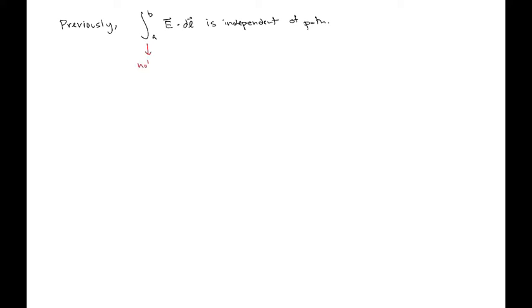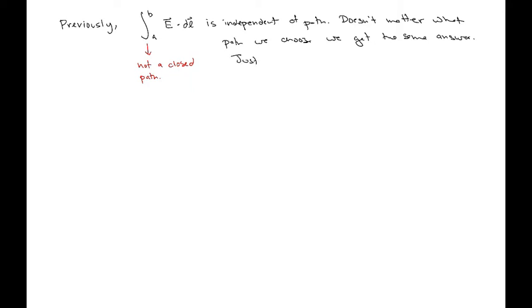This is, by the way, not a closed integral, so it doesn't necessarily have to be zero. So what this means is that it doesn't matter how we do the integral or what path we choose. We get the same answer. And really, it just depends on the endpoints, okay? So these endpoints are pretty important.